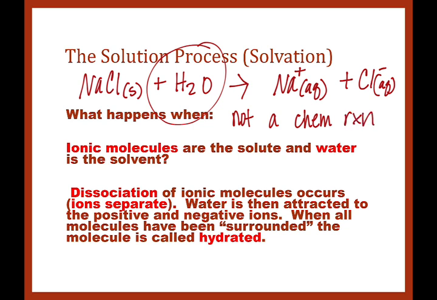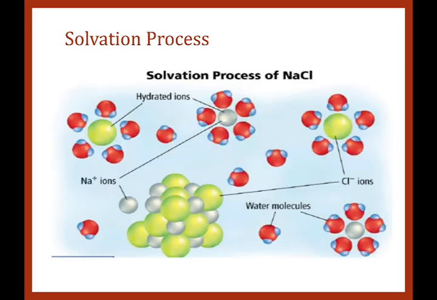So if it is soluble in water, it dissociates and then they become surrounded, and we call that hydration, or it's become hydrated. So here is a picture of when that happens. So I have the water, and first of all, what happens is I have to break up the sodium chloride particles so they break up, but then I also have to break those intermolecular forces between the water molecules so that they can surround the ions.